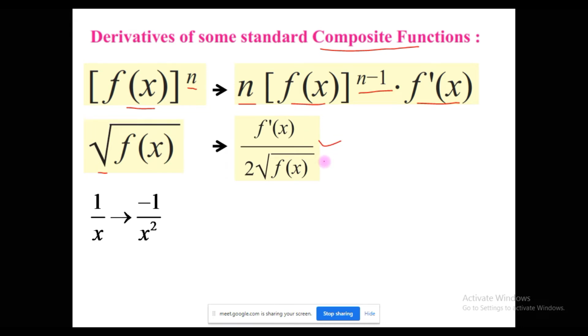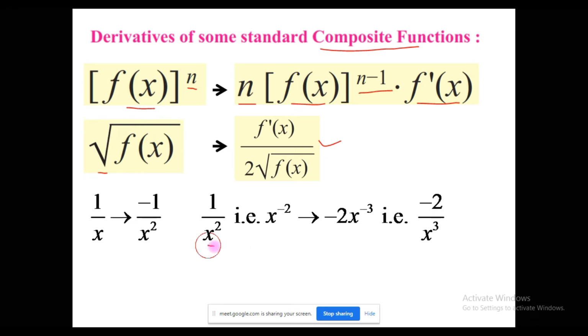Now I shall go to the next formula, but before that let me recall that if 1 upon x is the function, then its derivative is given by minus 1 upon x square. If it is 1 upon x square, I can write this as x to the power minus 2.